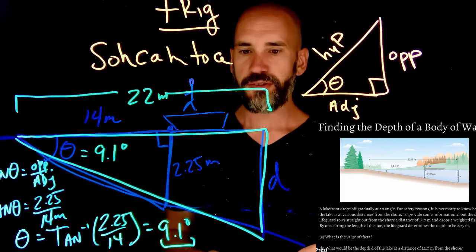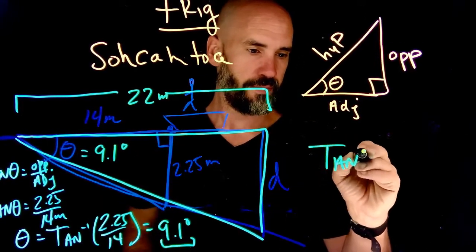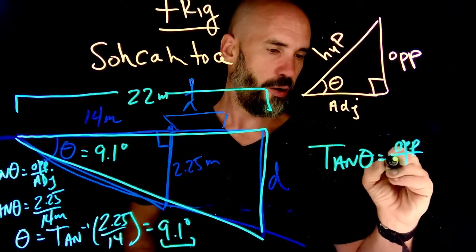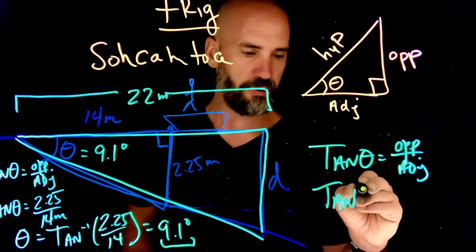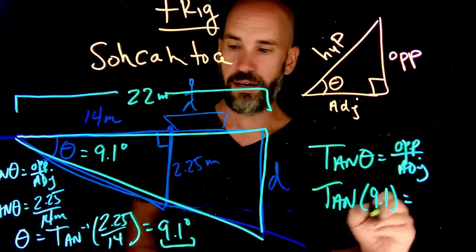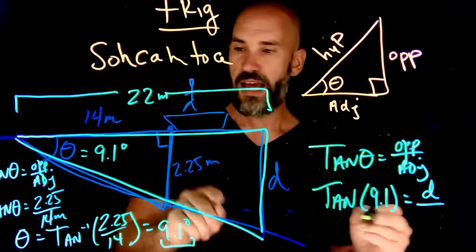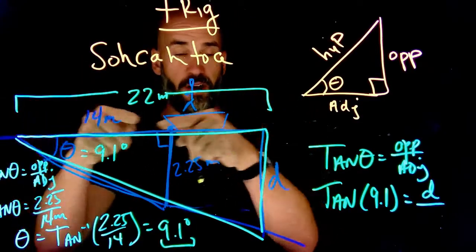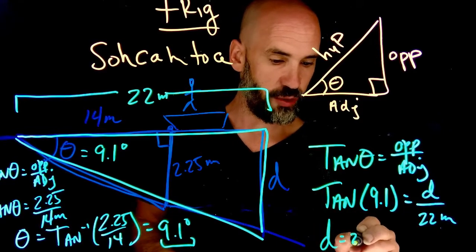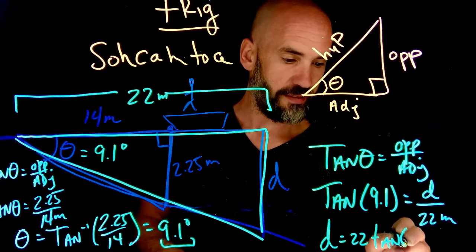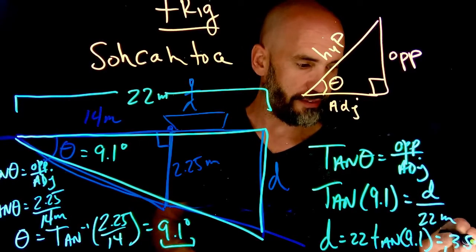Okay, so in this case, I want to use the same formula, tangent theta equals opposite over adjacent, except this time I know my angle. The angle is 9.1 degrees. And I want to find my opposite, which is d, the depth at this distance, and my adjacent, which is how far I'm out into the lake, is just going to be 22 meters. So in other words, d is equal to 22 tan of 9.1, which equals, I get 3.5 meters.